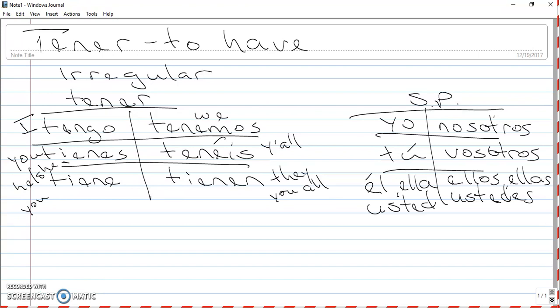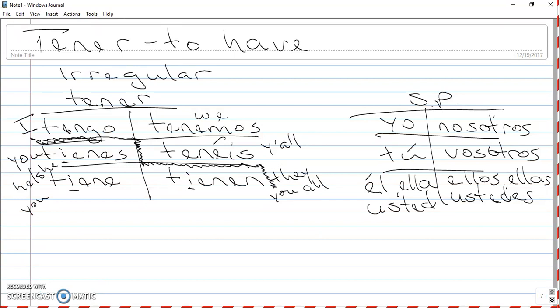the tú, él, ella, usted, and ellos, ellas, ustedes forms all have an I in them. Easy way to think about it. If you draw a line, where the I exists is underneath of the steps.